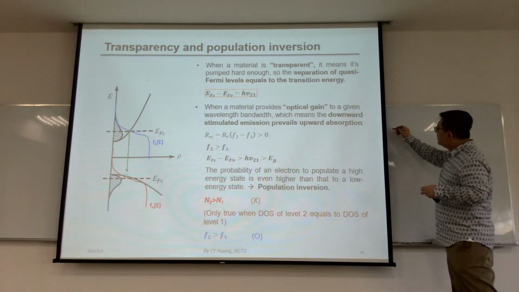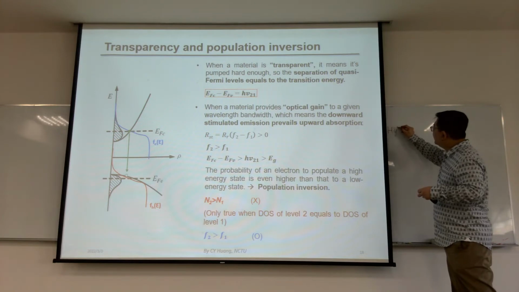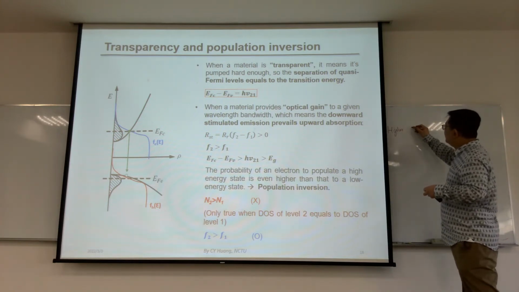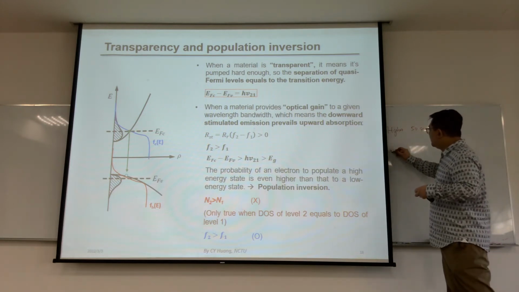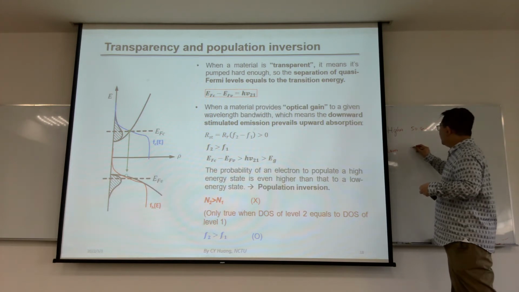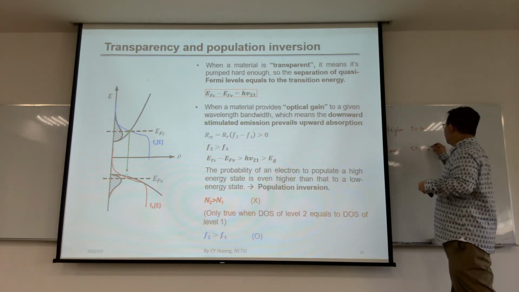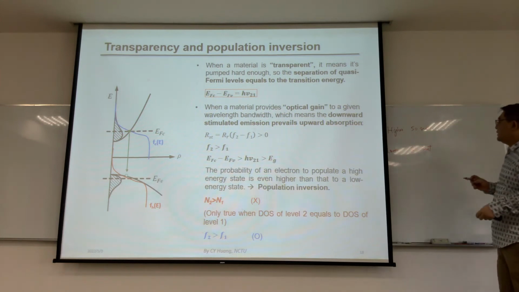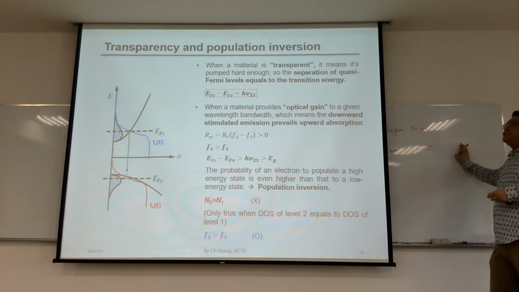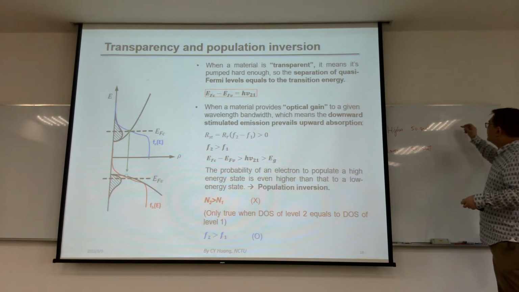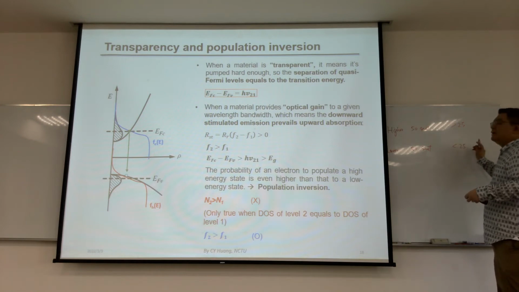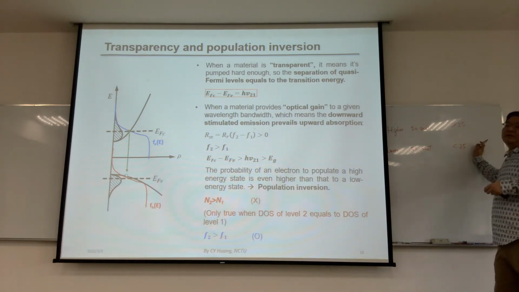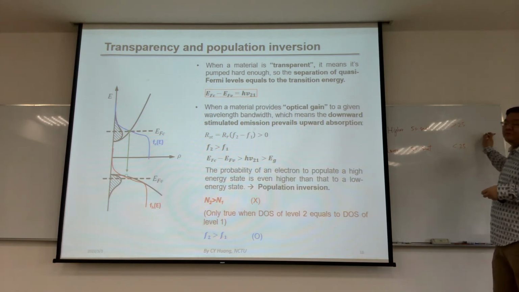Let's start with the higher level having 50, and the lower level also having 50. Then you want to pump more electrons from low to high. That means you have more than 25 in the upper and less than 25 in the lower occupation. Assuming the total is 50, then you reach a population inversion.